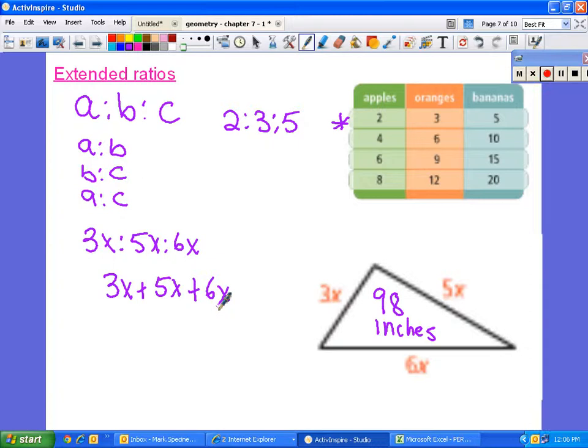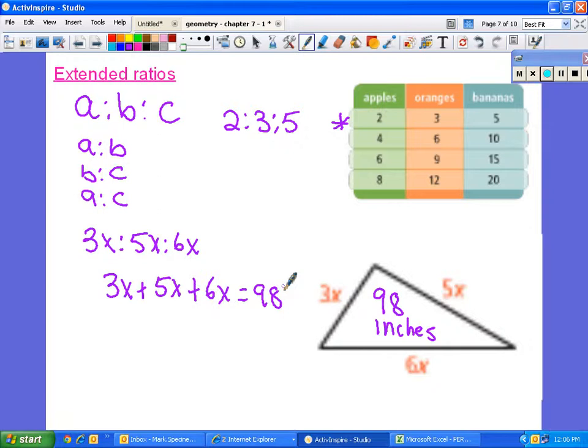Equals 98. Micaiah, is that what you would do, or would you do something different? Do you have a different way maybe you would try to set this problem up? No, you do it the same way? Okay, it's reasonable. It's a good way to do it. So how do we do it? How do we go about solving this?